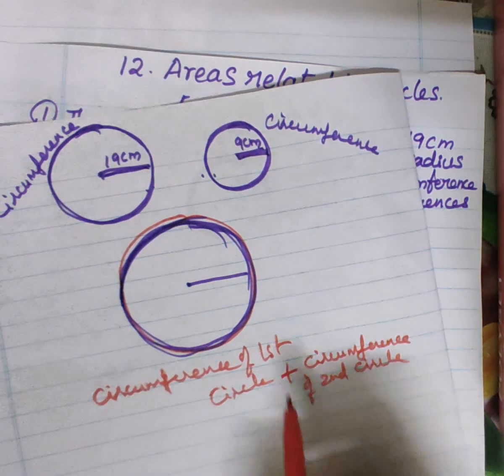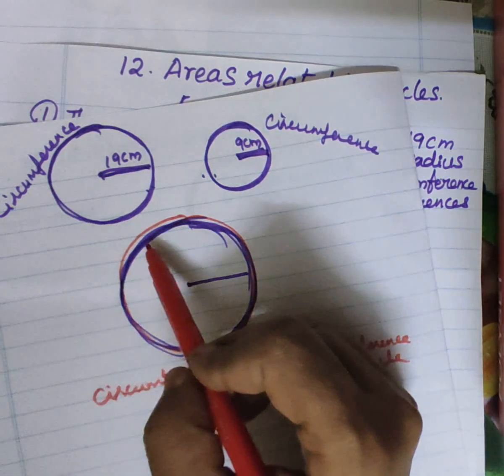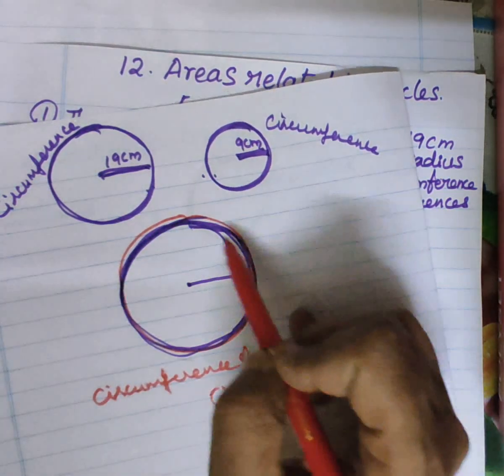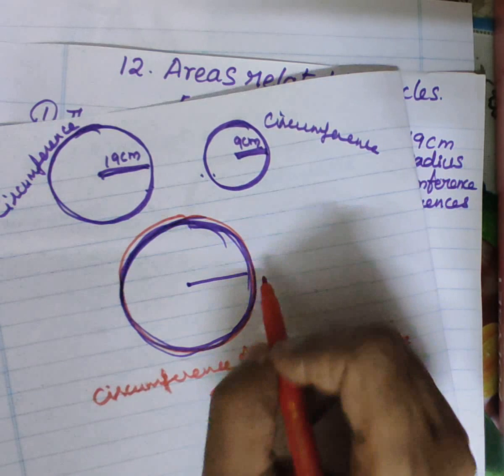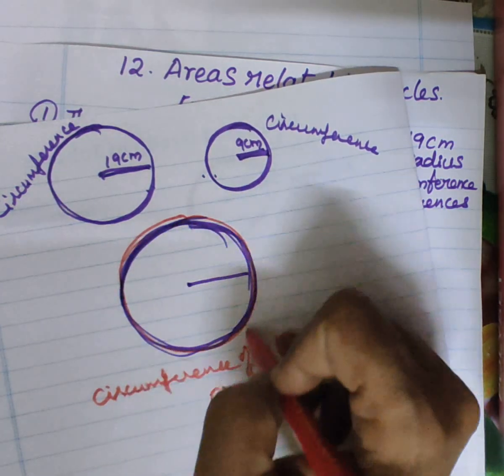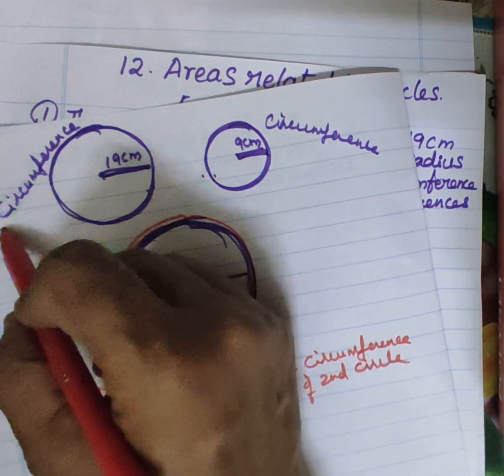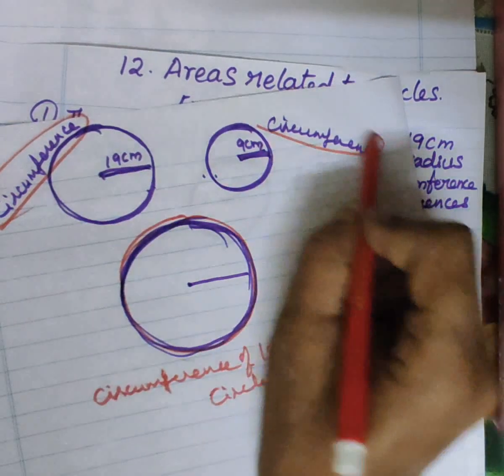So you have to find the radius of the third circle, and the given clue is the circumference will be equal to the sum of the circumferences of these two circles.